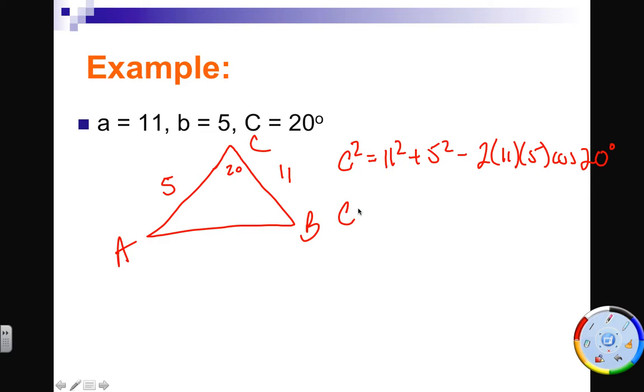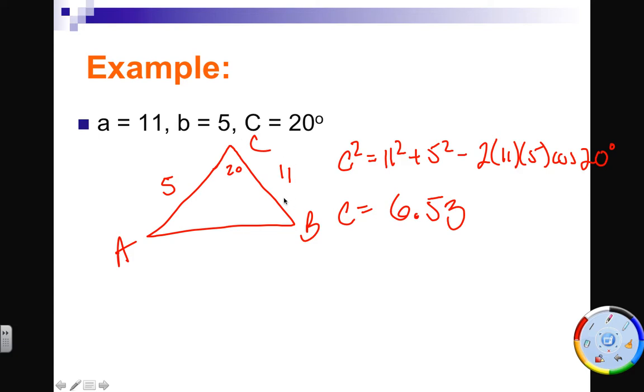If I take the square root of that, I get c equals, and you could do this all at once, by the way: square root of 11 squared plus 5 squared minus 2 times 11 times 5 times cosine of 20. I make sure my calculator's in degrees. I hit enter, and I get c equals 6.53. Now, here's where things get a little interesting.